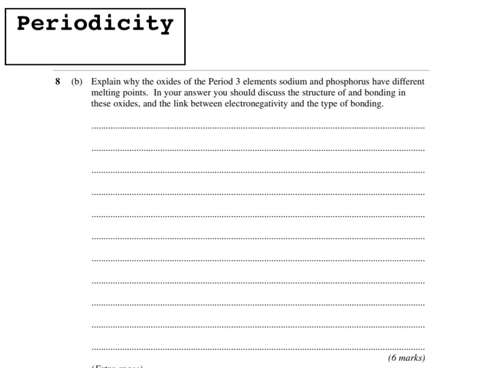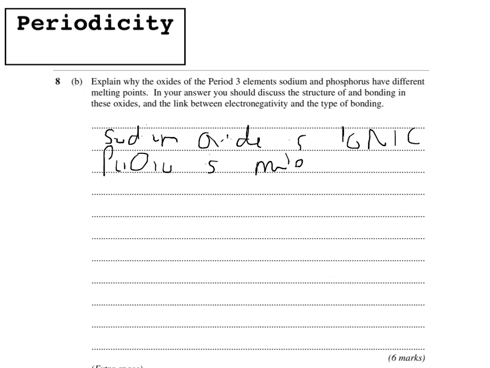So the first thing you should state is the crystal structure of both. So sodium oxide is ionic, and P4O10 is molecular.